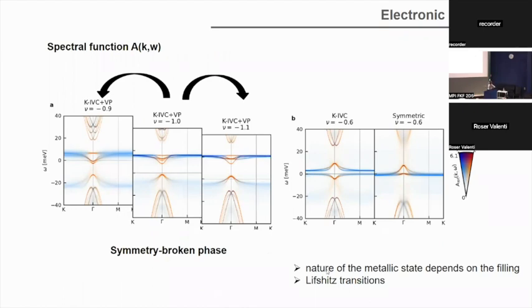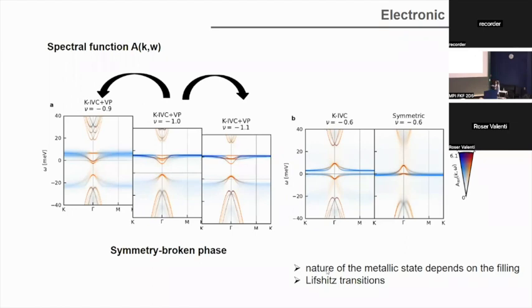And then what one observes is what I was mentioning previously, that we have this insulator to metal transition, because as soon as you start doping, you start feeling the C character of your band. So you have a coherent metallic state. However, the nature of this metallic state depends very much on the filling.